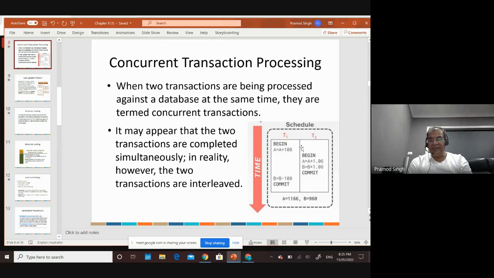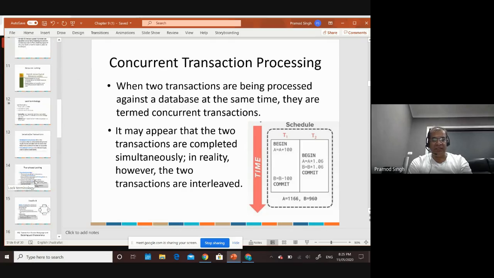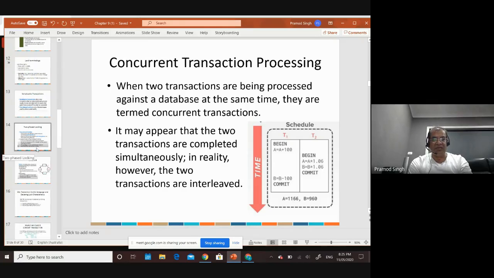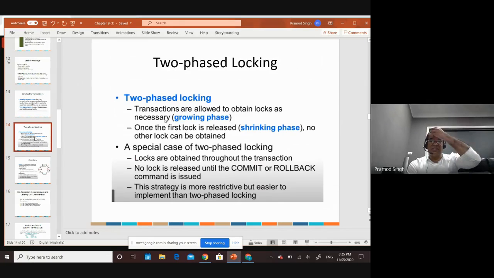So it means T2 can't commit the whole processing before transaction T1's completion. So that's how it actually interleaves, but it's not going to interfere and make an inconsistent update.